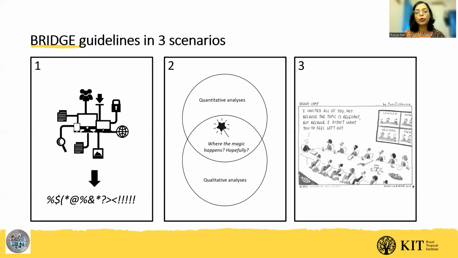And many of you may be familiar with this third scenario. The invited stakeholders may not be interested in your research and attend your dissemination meetings only because they were invited and not because they were interested. So, in such scenarios, how could BRIDGE guidelines help us work towards more integrity and fairness practices?